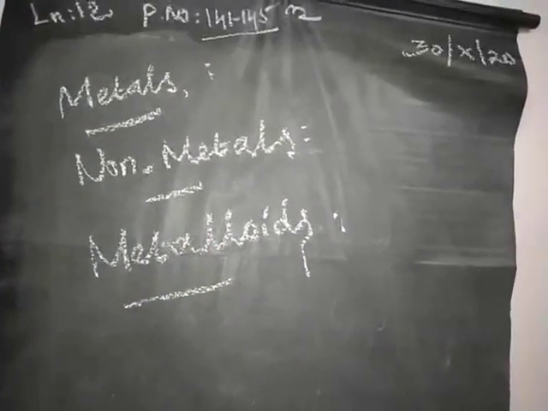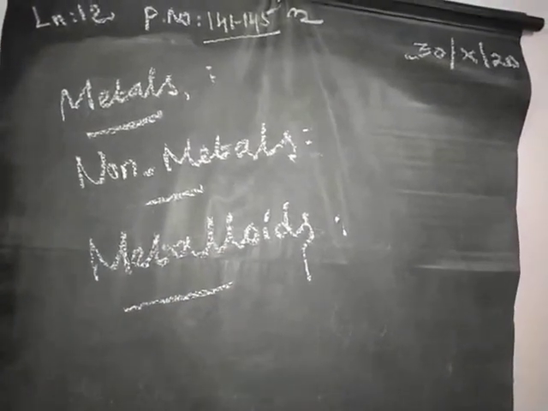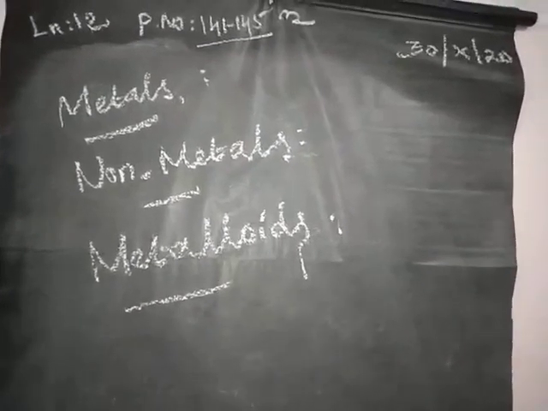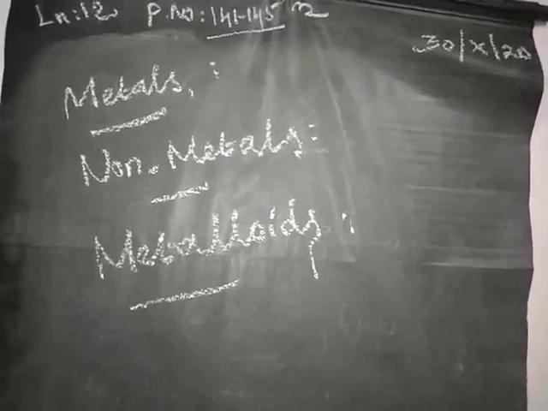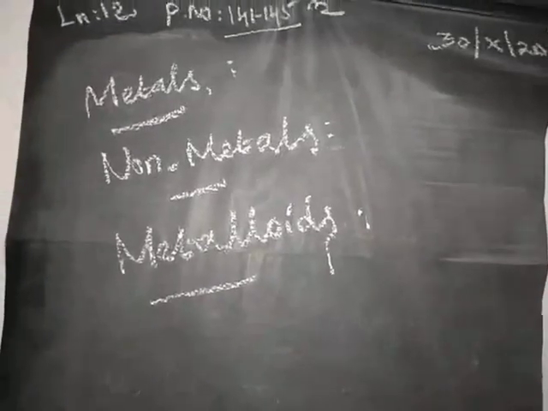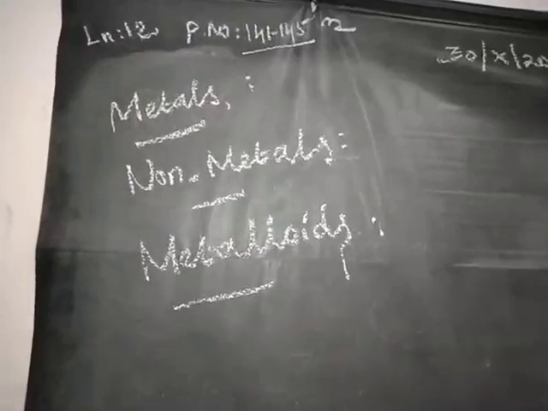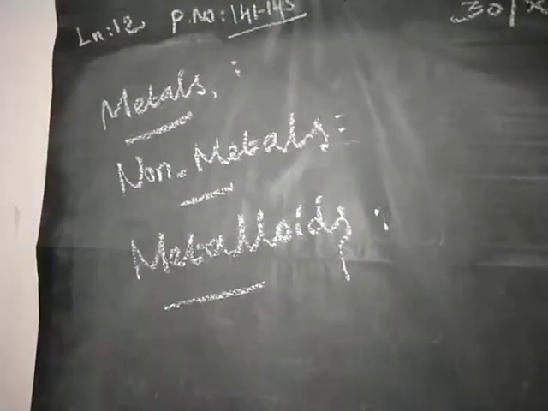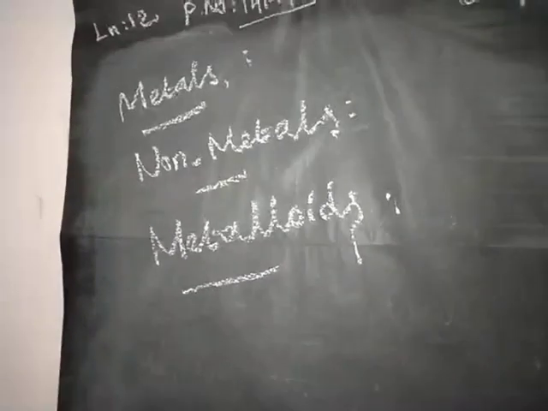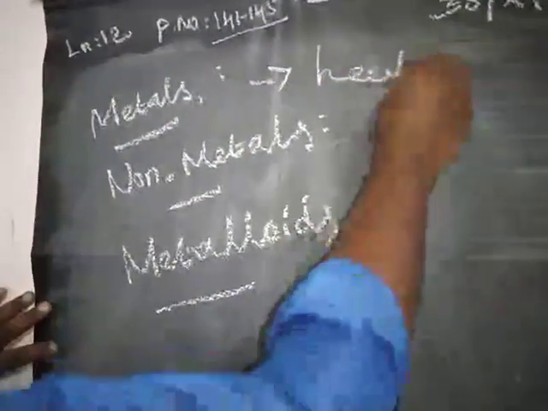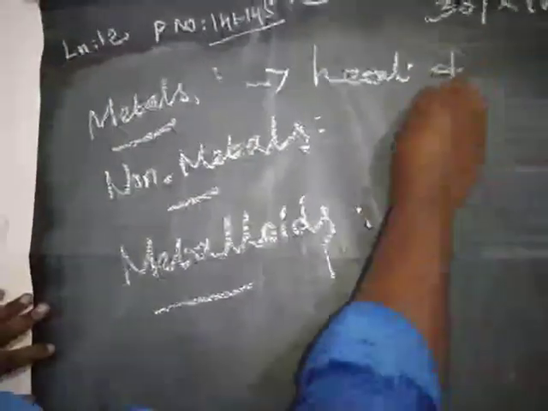What are their characteristics? Metals are typically hard, shiny, malleable, ductile and fusible. Another very good characteristic is that they are very good conductors of heat and electricity.